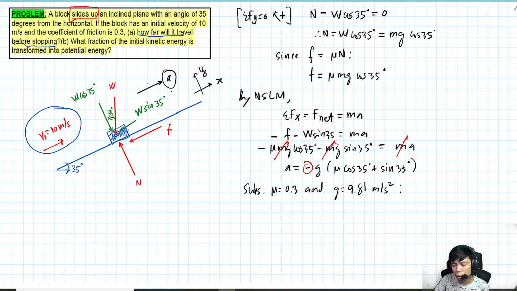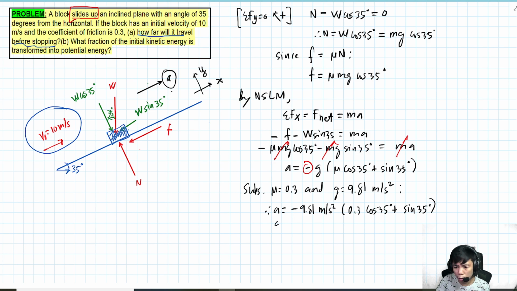Pero ako pag mag-solve ako ng walang value of g, I always use 9.81. So therefore, yung a natin is equal to negative 9.81 meter per second squared, quantity 0.3 cosine of 35 degrees plus sine of 35 degrees.